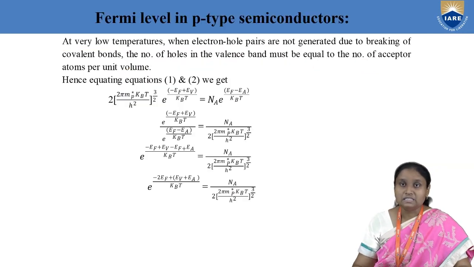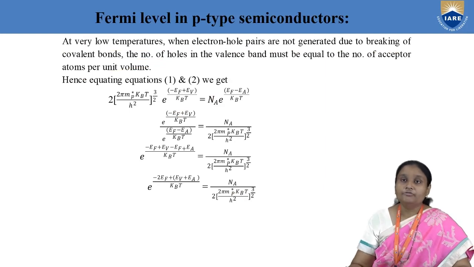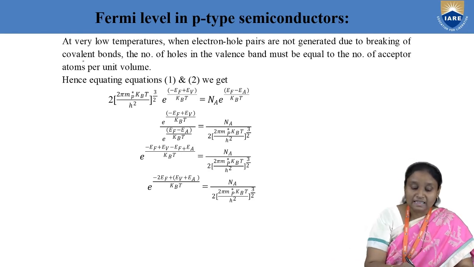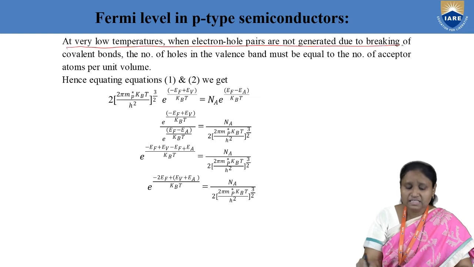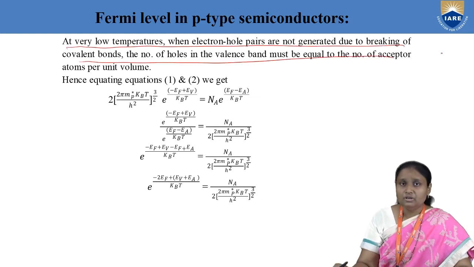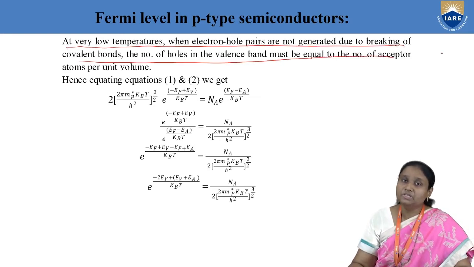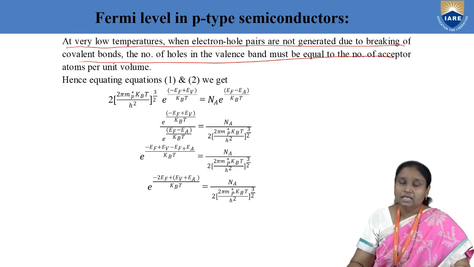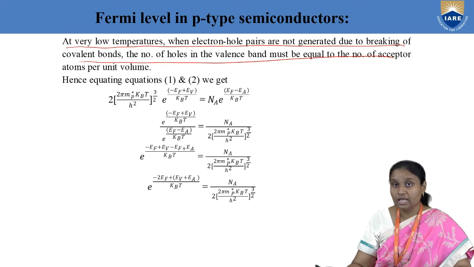Next we'll see what is the location of the Fermi level in p-type semiconductors. Again we are going to use the same logic as we used to derive the expression for carrier concentration. We are not going to high temperatures. What happens when we go to high temperatures? Transition of electron takes place from valence band to conduction band, and then some more holes are generated.